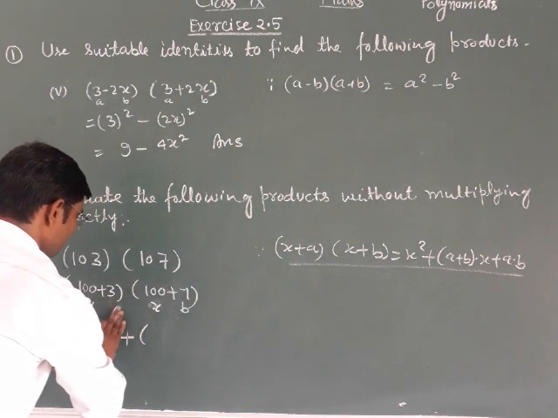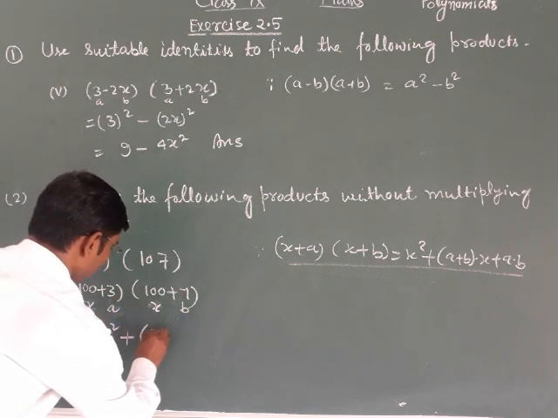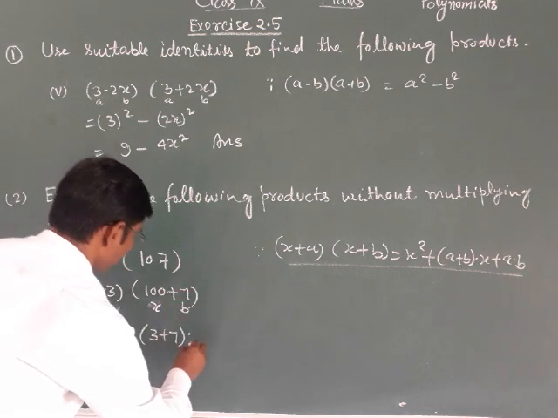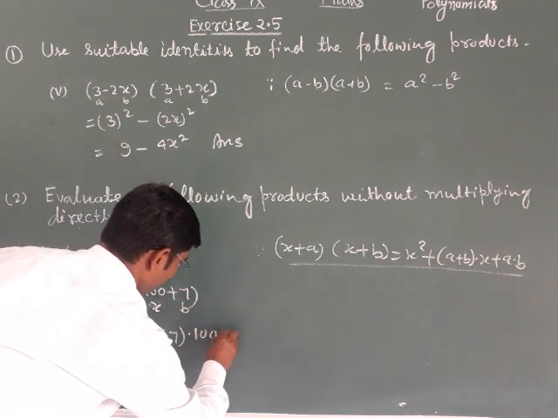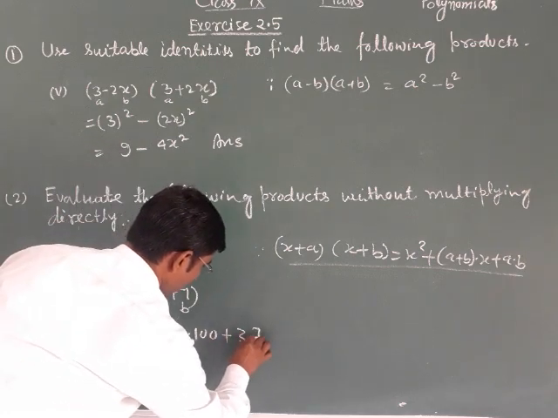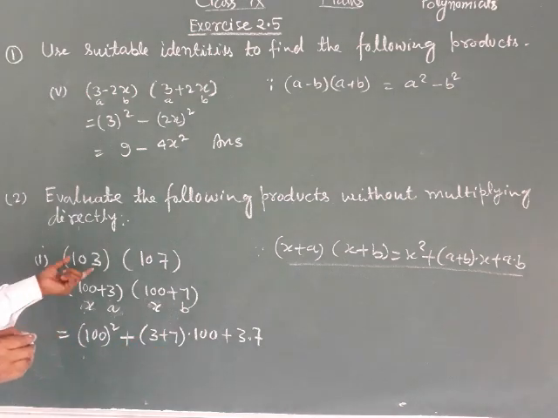Also change a and b: 3 plus 7, into x, 100, and plus a into b, 3 into 7.